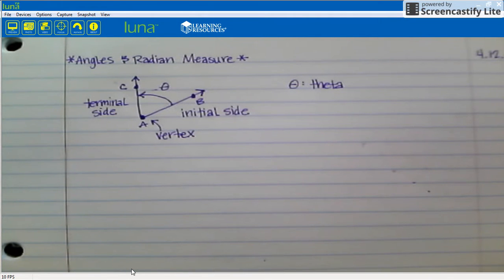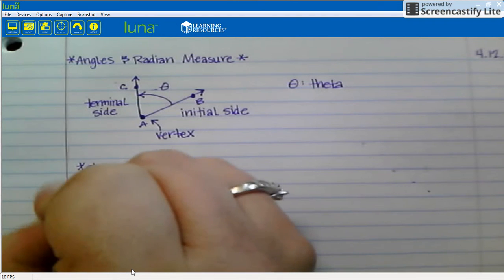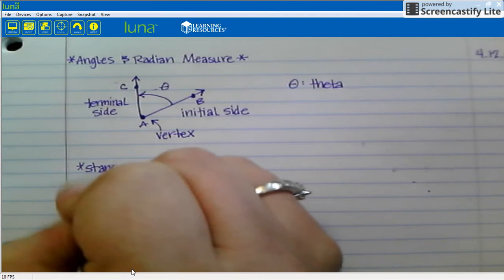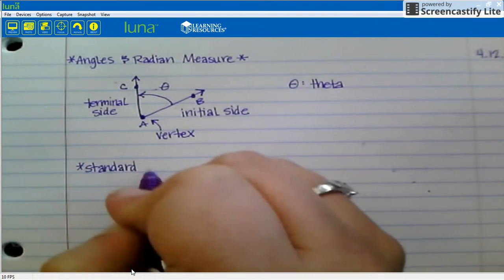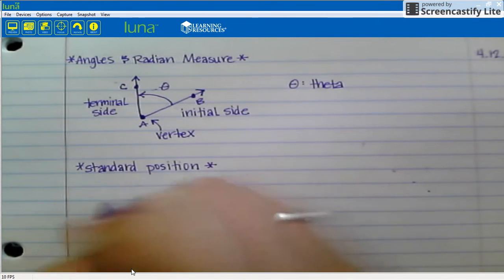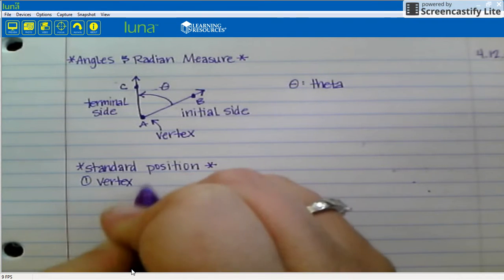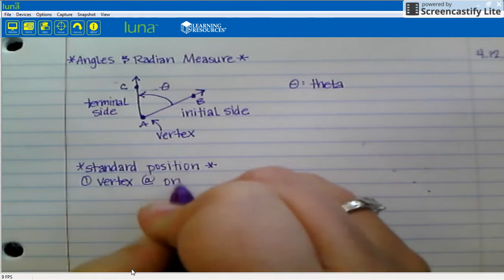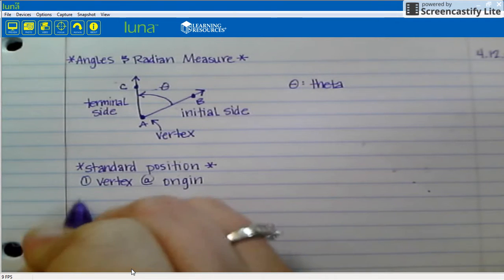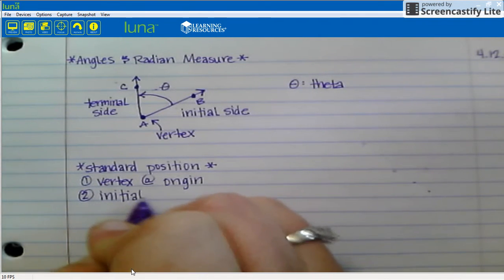Now, an angle in standard position has two properties. The first of which, your vertex must be at the origin of the coordinate plane, and your initial side must be on the x-axis.